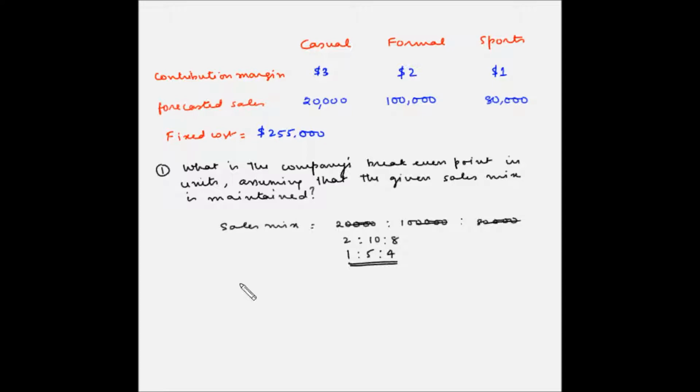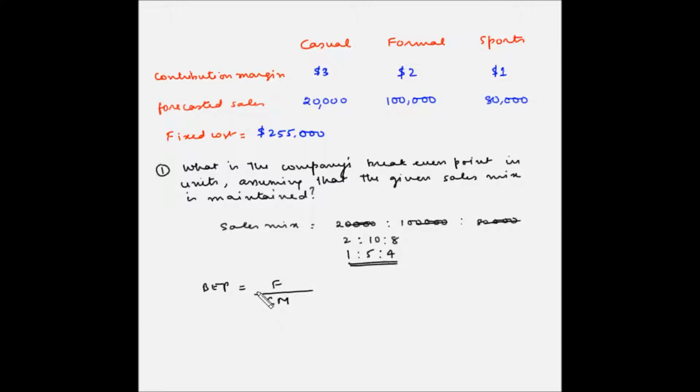Now here we have to find out the break-even point in terms of units. The break-even point is equal to the fixed cost divided by the contribution margin. Now we know the fixed cost, which is $255,000, but the contribution margin in this example is different for each of the product lines.